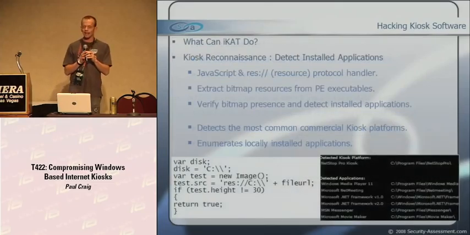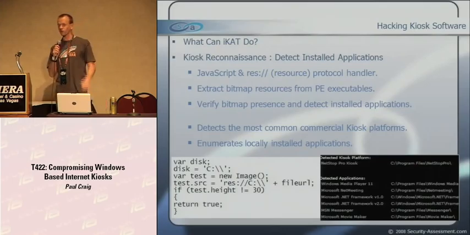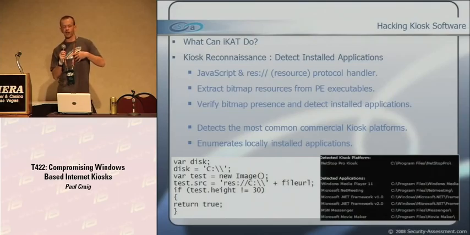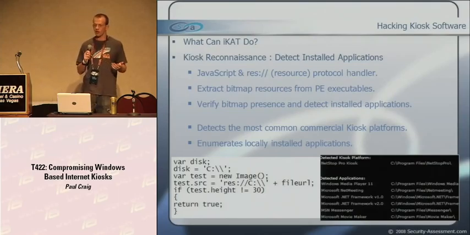Okay, so what can iCat do? First thing I thought to myself, when I'm sitting at a kiosk, I'd really like to know what kiosk I'm sitting at. I'd really like to know what's on the kiosk and what I can do with the kiosk. So I wrote this little JavaScript app which detects all of the installed applications on a kiosk.